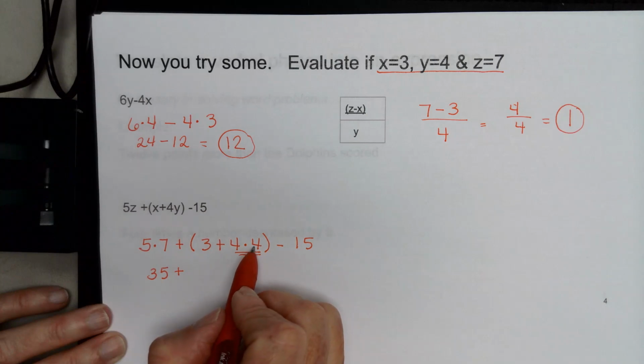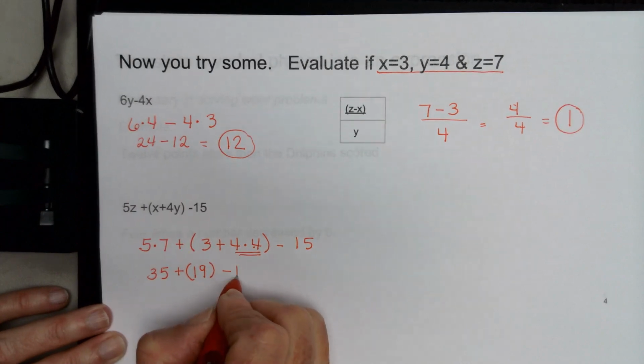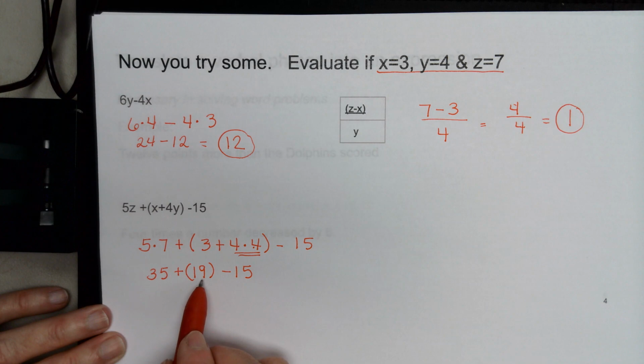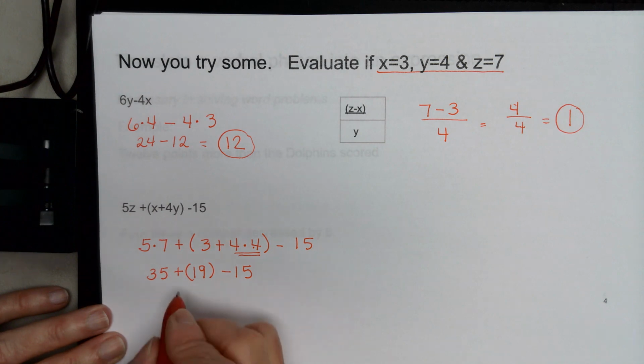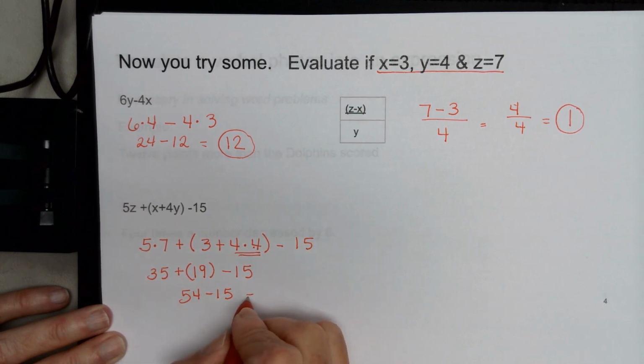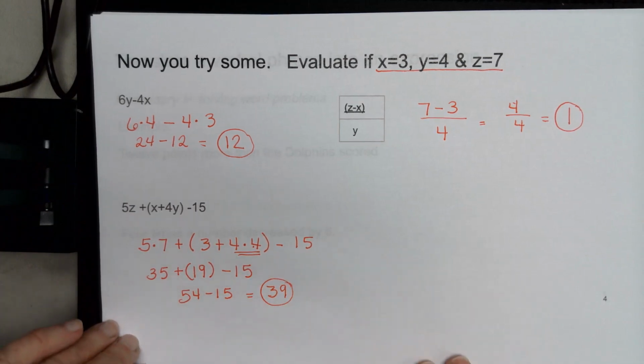So that's going to be a 16 plus a 3. So this is going to be a 19, the answer inside the parentheses. So I have a 35 plus 19, which is going to be a 54 minus 15, which is going to give me a 39 as an answer.